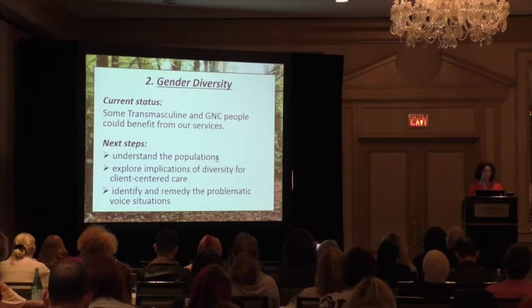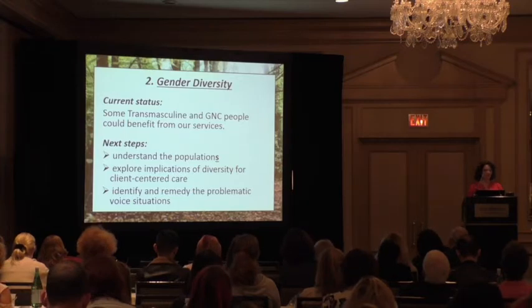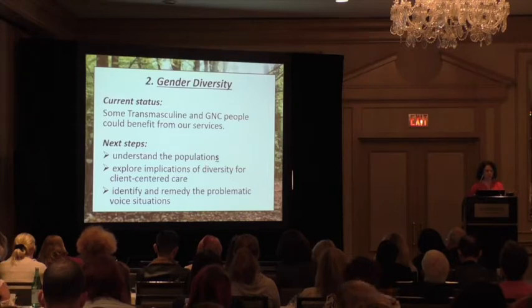We really need to understand these populations better. I would really like to see us using the plural S on populations, understanding that to just say a trans person is very vague. We need to explore the implications of that diversity and move towards even more, I think we have made progress, but even more towards a client-centered care model.